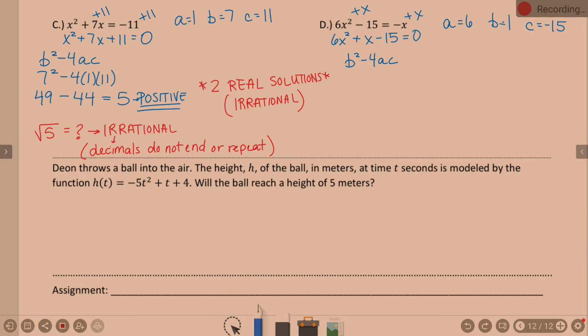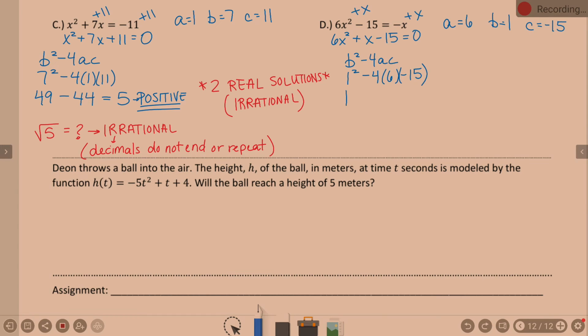What is the value of the discriminant? So what is b squared minus 4ac? 1 squared minus 4 times 6 times negative 15. 1 squared is 1.